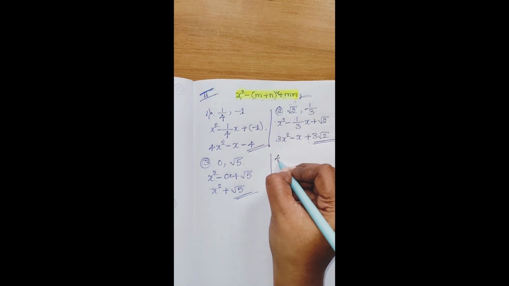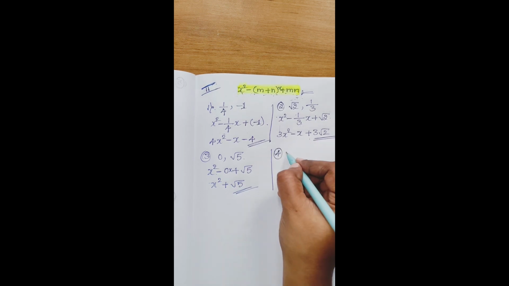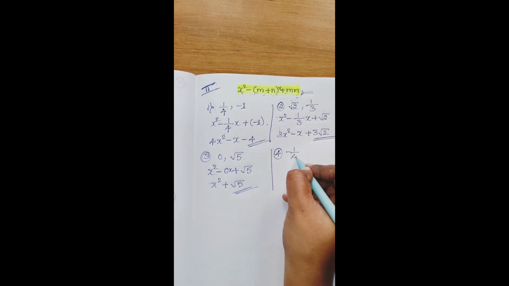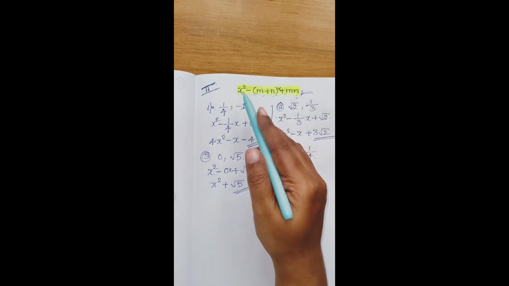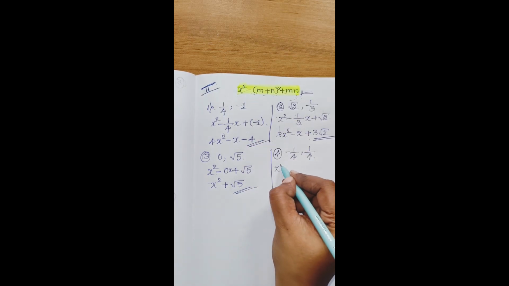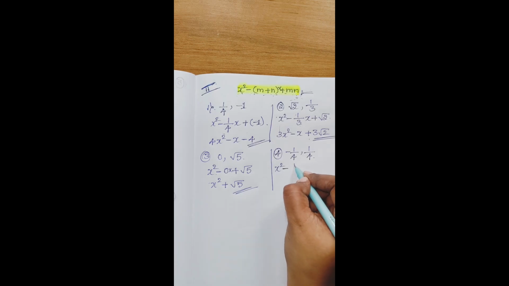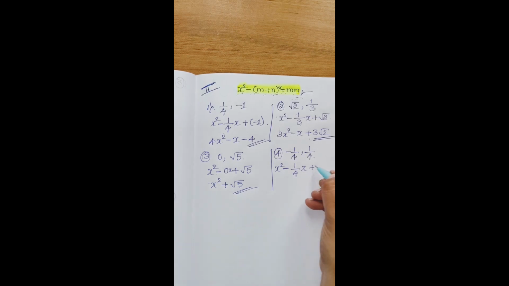Next, fourth one, minus 1 by 4 comma 1 by 4. Okay, apply that. X square minus of 1 by 4 x plus 1 by 4.